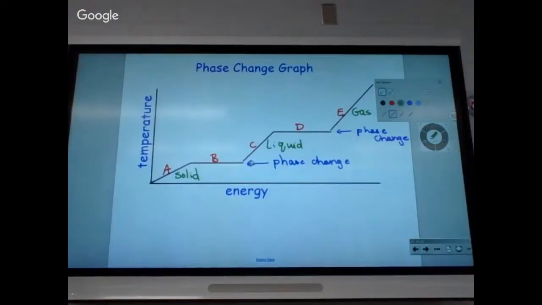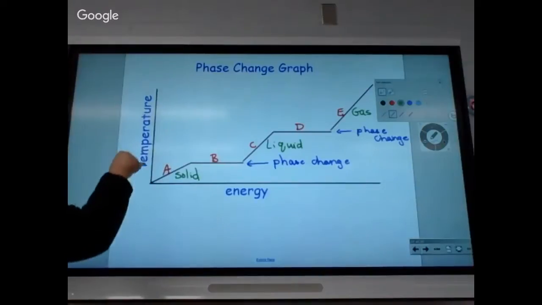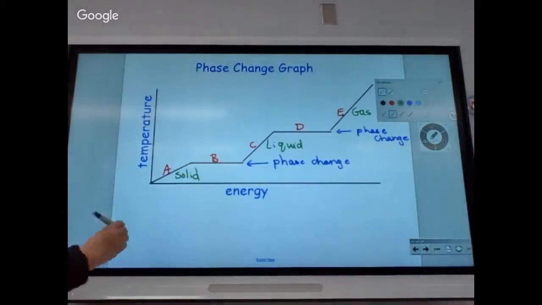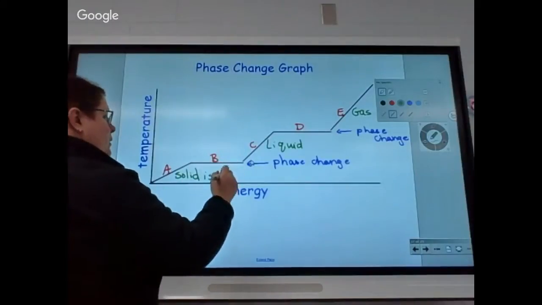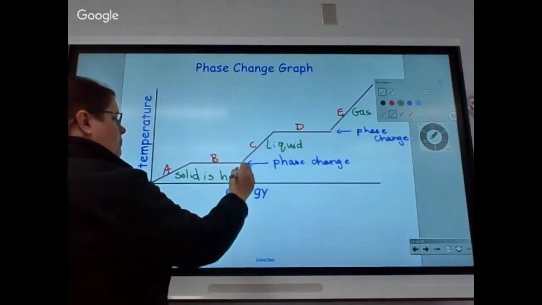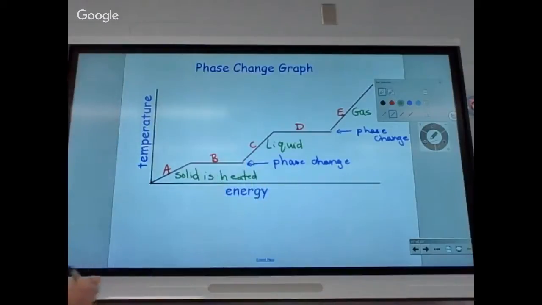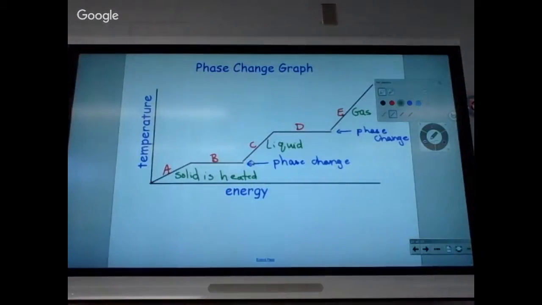Now, because the graph goes up, and this is temperature, technically the solid is being what? Not melting, because it's not flat. It's being heated, or you can say being warmed. Now, if we drew the reverse and the graph was going down, you could say the solid was being what?